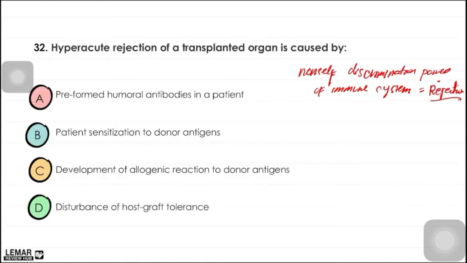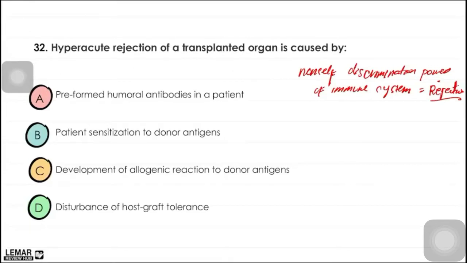Graft rejection depends on the expression of MHC antigens on the surface. That's why red blood cell transfusion is an exception, because red blood cells do not express MHC antigens on their surfaces. This is the reason why it is easier to transfuse blood as compared to organ donation.